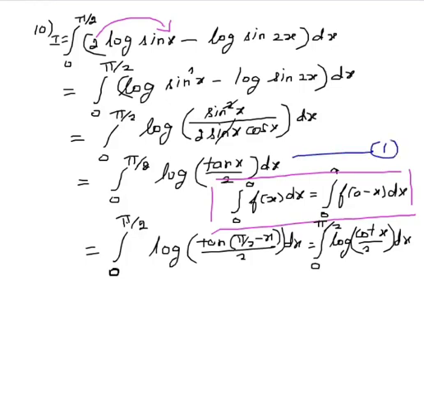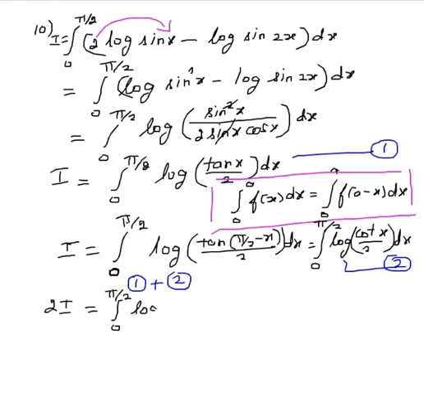Now we will take this as the first equation and this as the second. Both are the same integrals. We will denote them as I. We will add 1 and 2. The left hand side becomes 2I and the right hand side is integral 0 to pi by 2 of log of tan x by 2 plus log of cot x divided by 2 into dx.